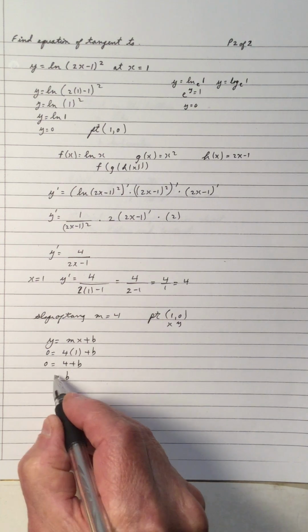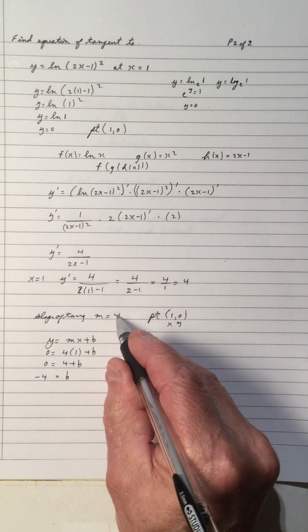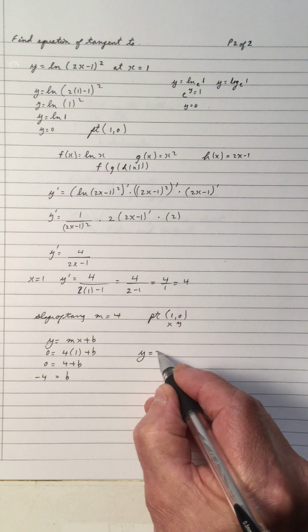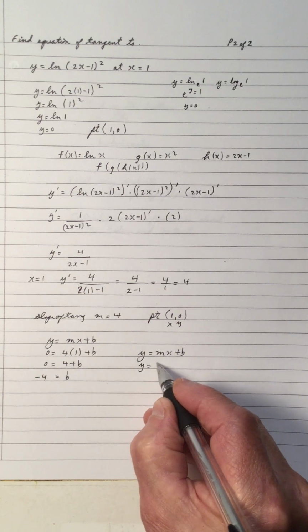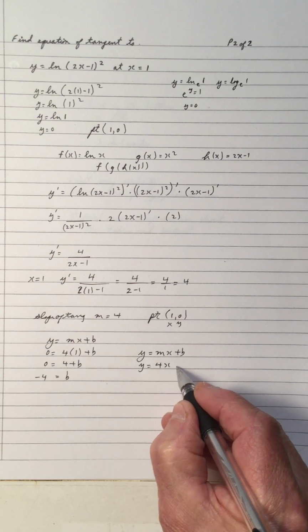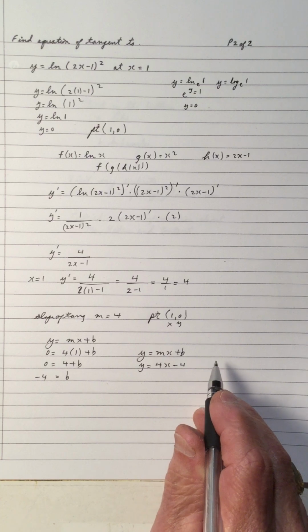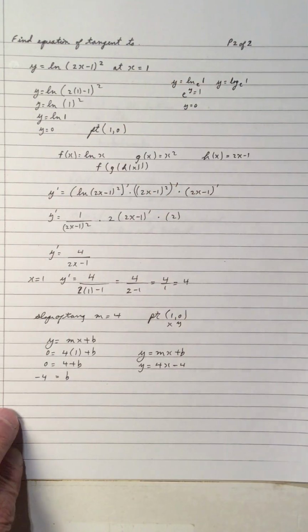Move the 4 over, make it a minus. Now our slope is 4, and our y-intercept is negative 4. So the equation of the tangent is y equals 4x minus 4. That's the equation of the tangent to this function at x equals 1.